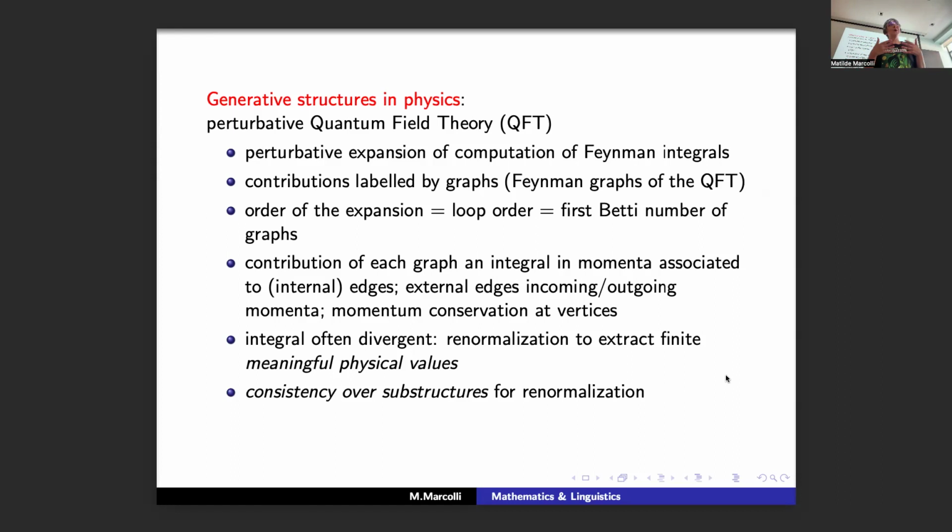Now you can see why it's easy to think that, if you have this other setting in linguistics where the same algebra structures come up, this is a natural place to look for a model for how we parse for syntactic meaningfulness in a structure. Parsing for semantics is also a way of trying to extract meaningful values, a meaningful interpretation, from a structure, in a way that has to be consistent with the parsing of substructures.